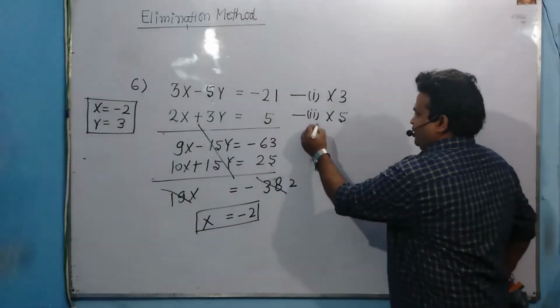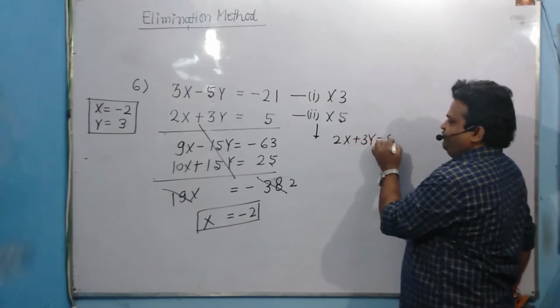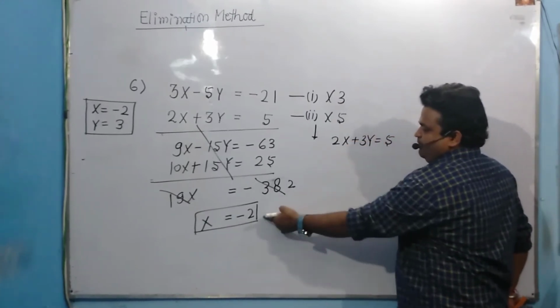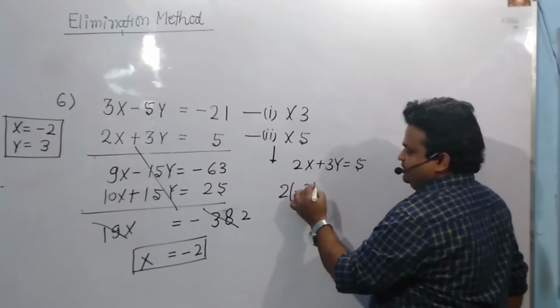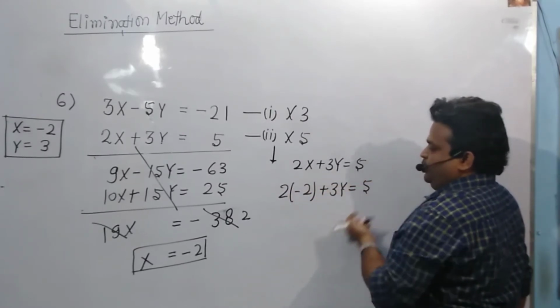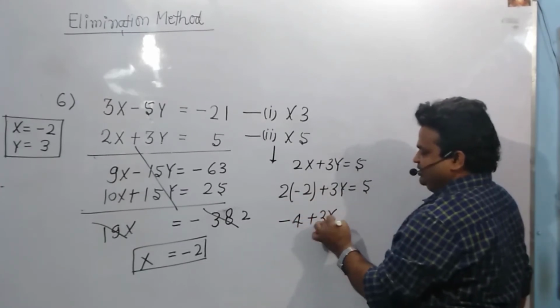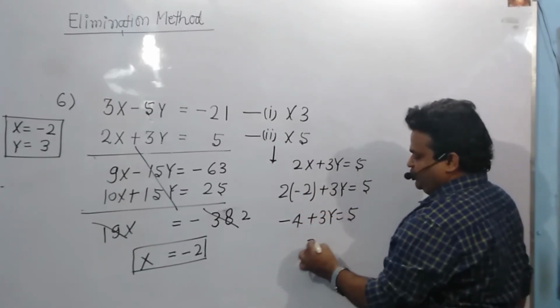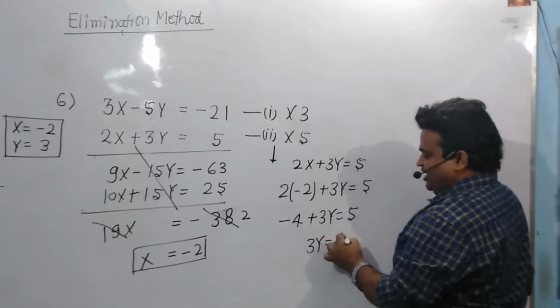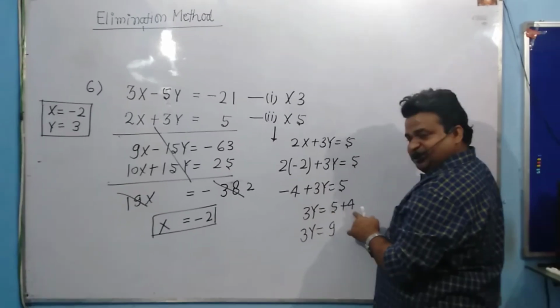Now if you put it in 2x plus 3y is equal to 5, my x value is minus 2. So 2 multiplied by minus 2 is minus 4, plus 3y is equal to 5. So 3y equals 5 plus 4, so 3y equals 9. 5 plus 4 is 9.